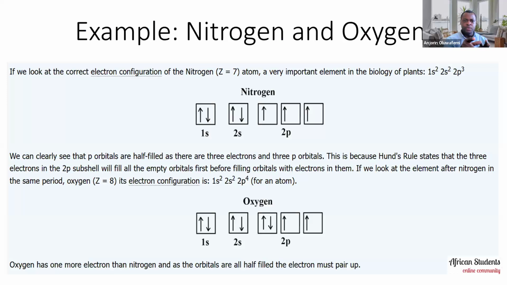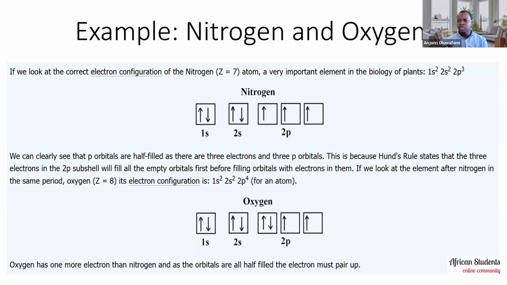If you look at the electronic configuration of nitrogen, where the atomic number is 7, you discover that it is written as 1s2, 2s2, and then 2p3.